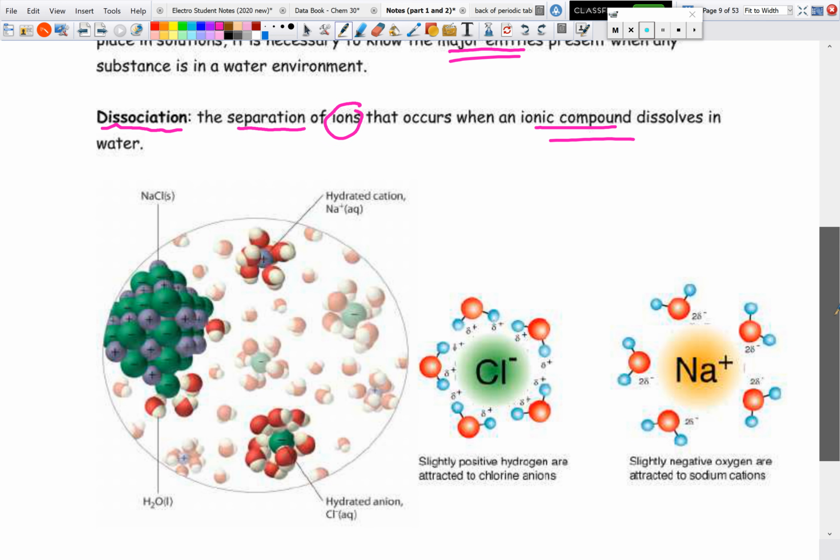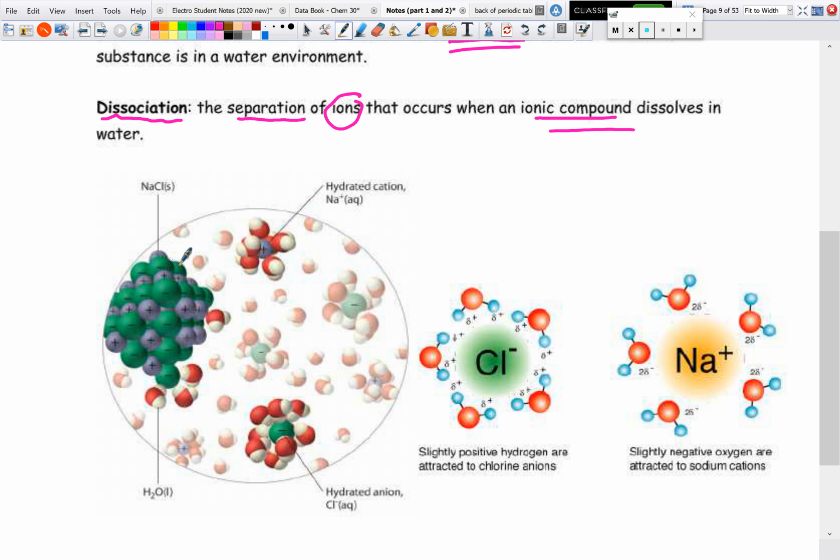For example, if we have something like sodium chloride, this is a little block of sodium chloride right here. If the water molecules are able to go in and basically rip this apart, because remember, water is polar. From our first unit, it's partially negative up by the oxygen because it's more electronegative, and partially positive down by the hydrogens.